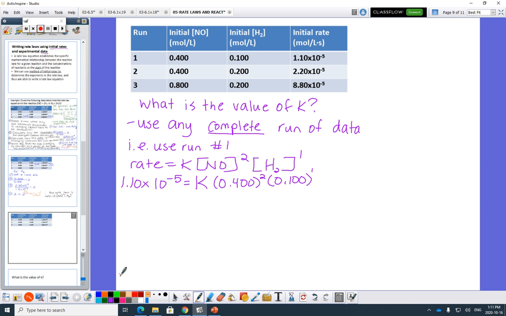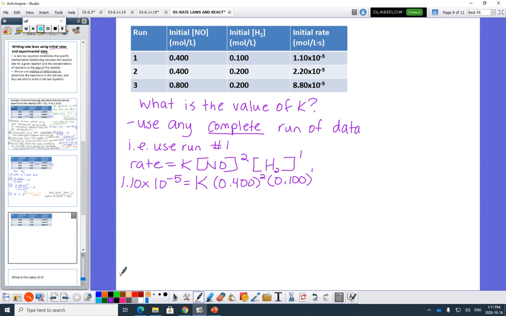So again, decide for yourself: do I want to do BEDMAS, like exponents first, then multiply, then divide? If you prefer, you can divide. You could have rearranged up here and divided by the concentrations.